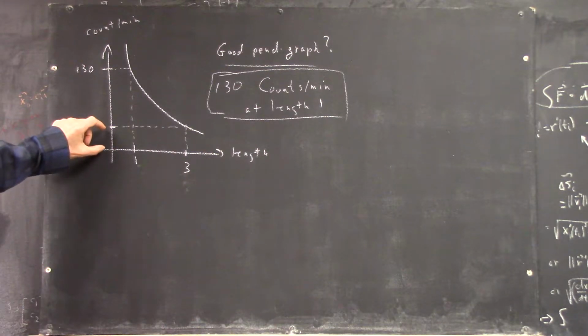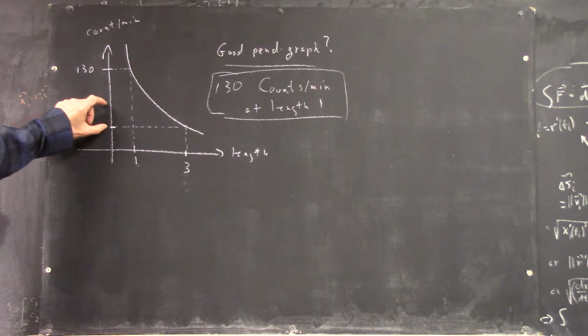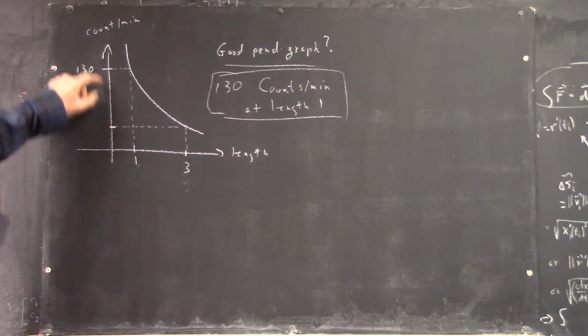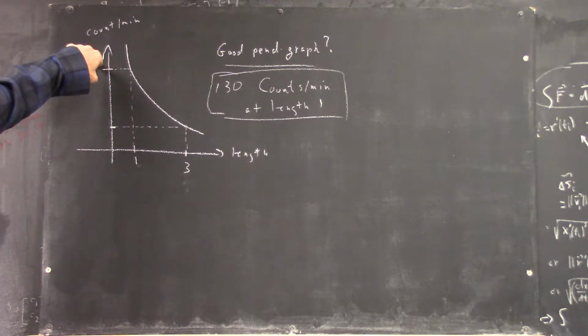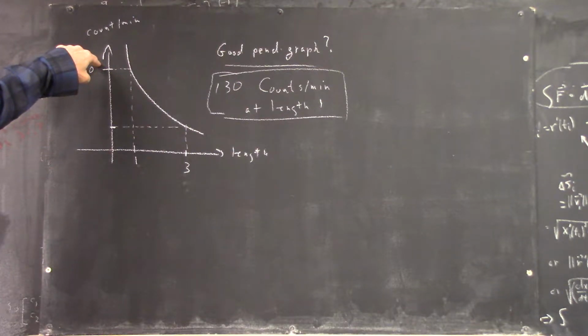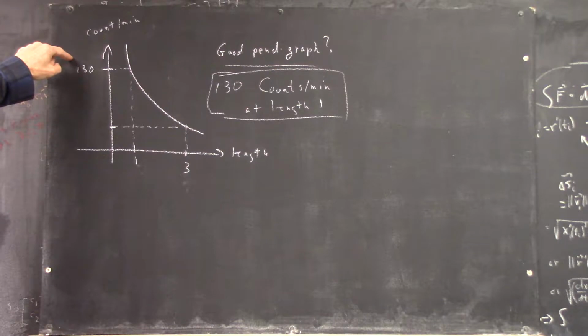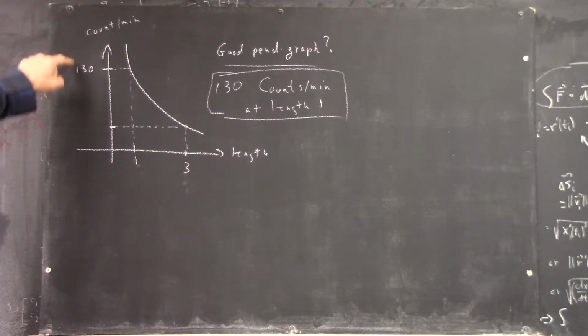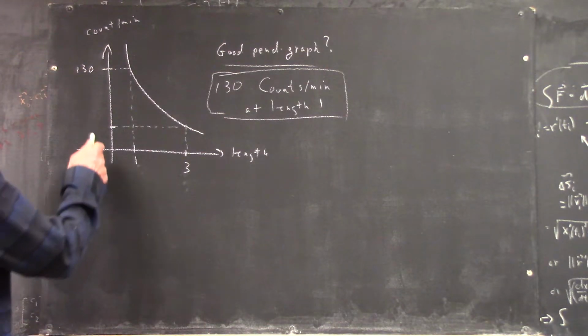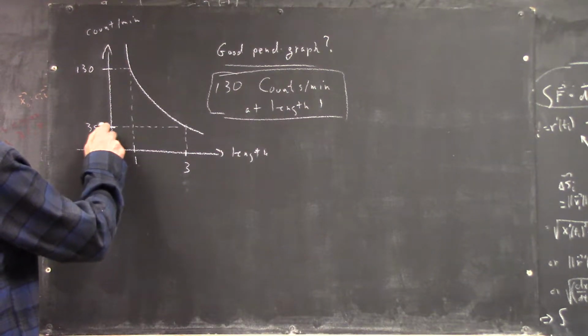Now let's see. How many of those does it take to make this? 1, 2, takes more than 3 of these to make this, right? So this has to be less than a third of 130. A third of 120 is 40, right? It's less than that, so I'm going to say maybe that's around 35.